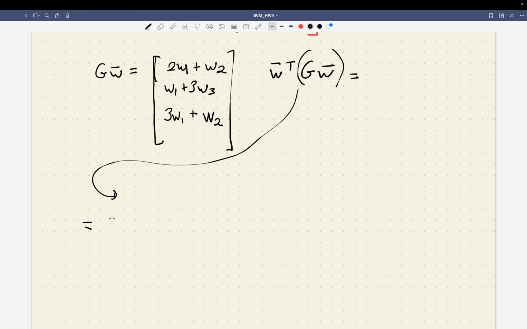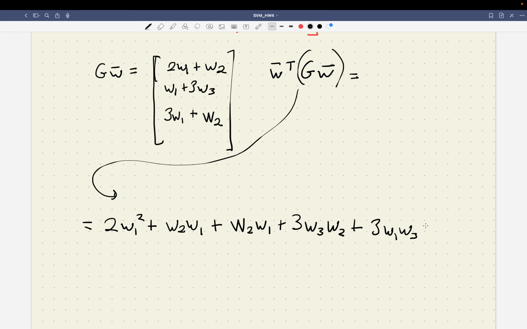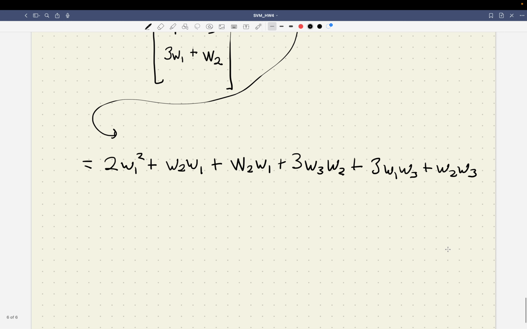So this is going to be equal to 2W1 squared plus W2 W1 plus W2 W1 plus 3 W3 W2 plus 3 W1 W3 plus W2 W3.